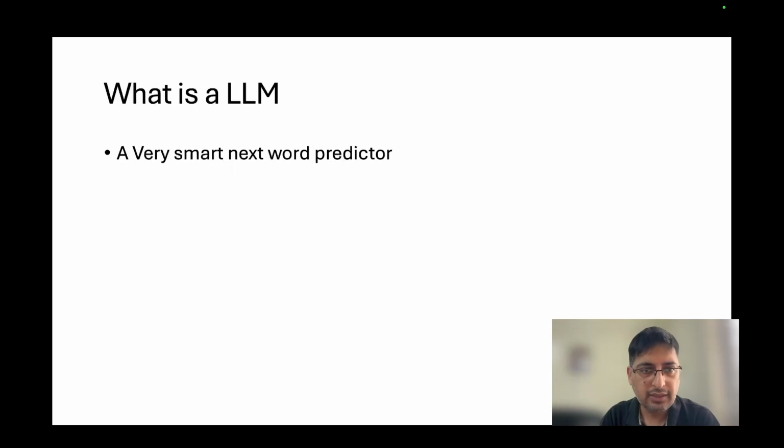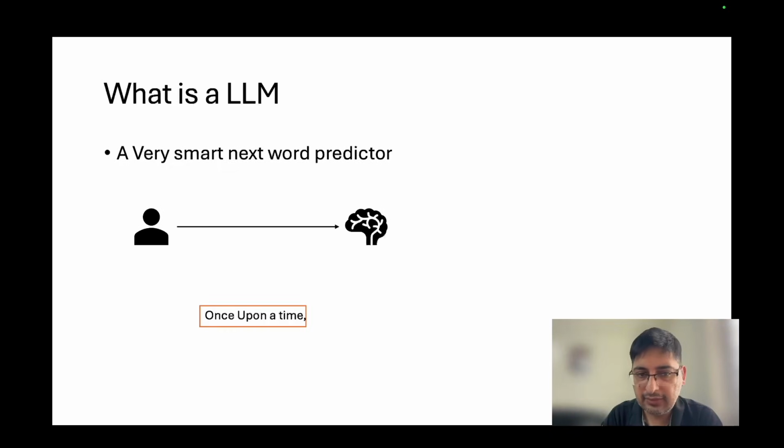Let us go in slight detail. Suppose there is a user which sends an input to a large language model. The input is a phrase, once upon a time. When this is given as an input, the LLM responds back with the most probable word. In this case, it is there. Once upon a time, there. Then that phrase is given as an input, and it again responds back with the next word. Once upon a time, there was, and so on and so forth.